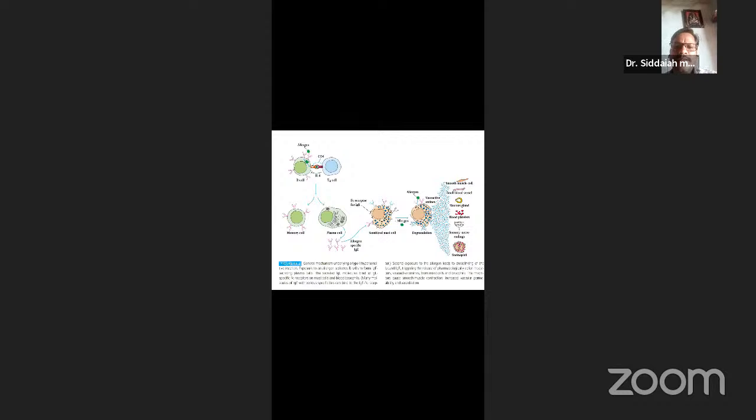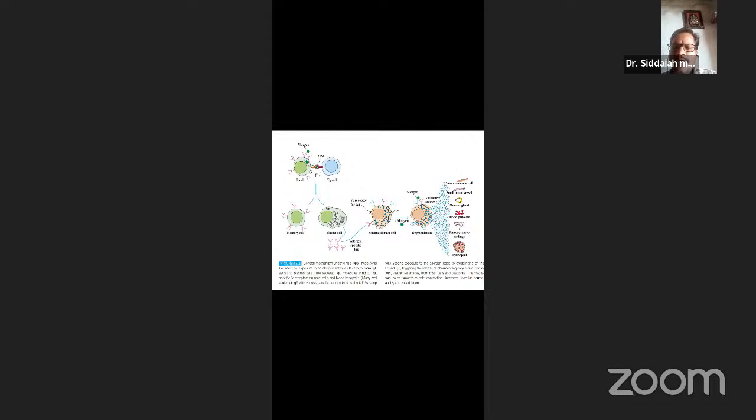In the first exposure, we cannot find any symptoms of hypersensitivity, but in the subsequent encounter, the allergen binds with the specific antibodies which were produced in our body at the first exposure. The antibody binds immediately with the allergen.